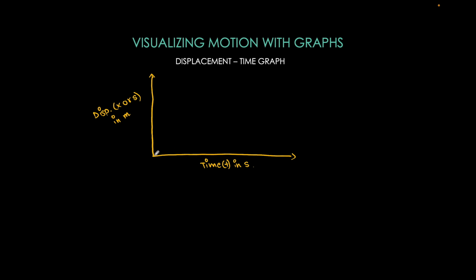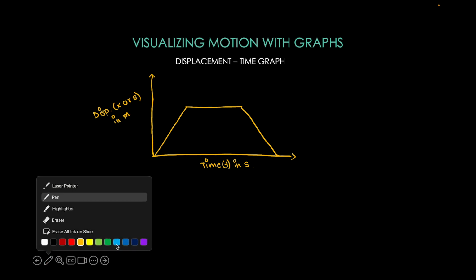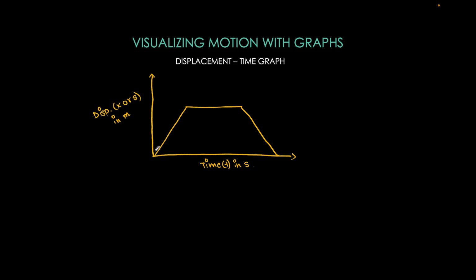So let me just draw a graph which is a bit more complex than the two graphs you have seen earlier. So this graph goes something like this. Okay. Now, if you see a curve which is increasing in this way in the upward direction, always remember that the slope of this curve is positive. Okay.